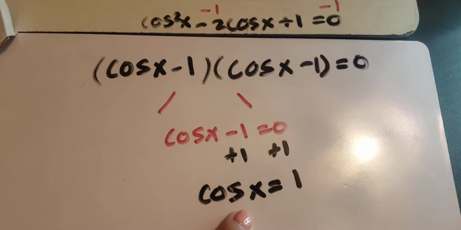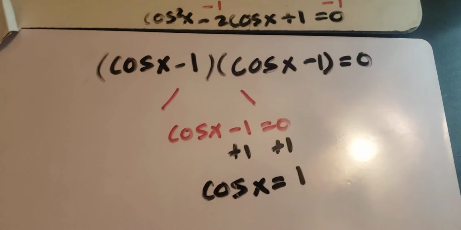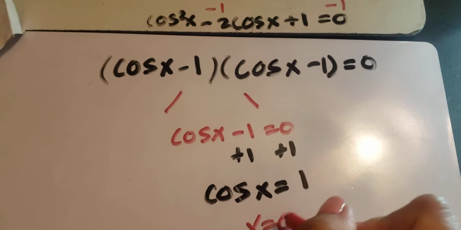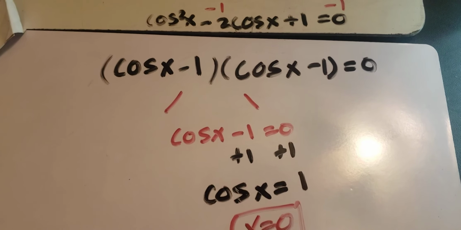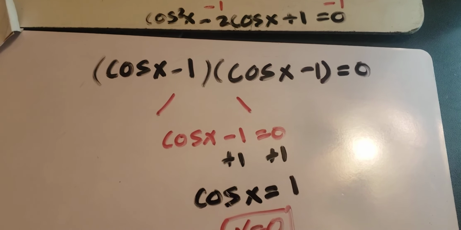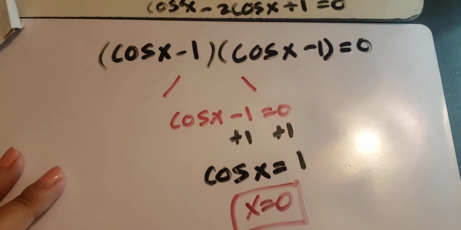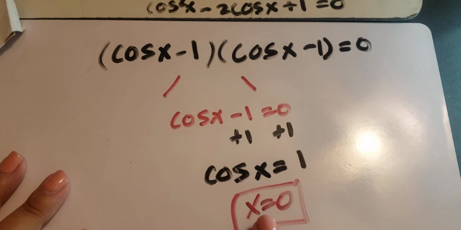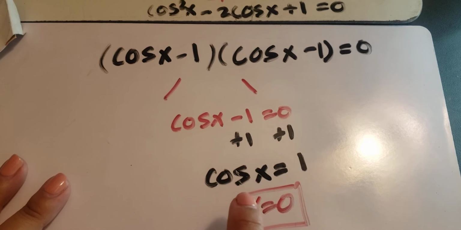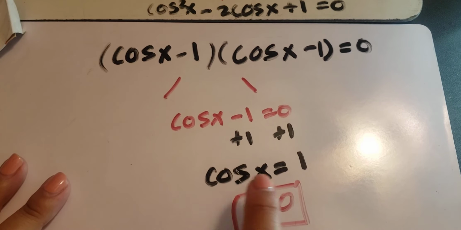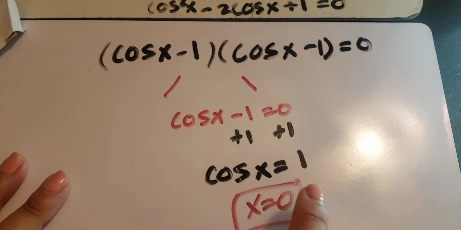My angle would be x equals 0. I want an exact solution because they did define our domain. They said between 0 and 2 pi. So my angle would be x equals 0. When x is 0, cosine would be 1.